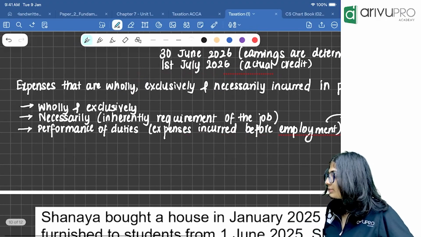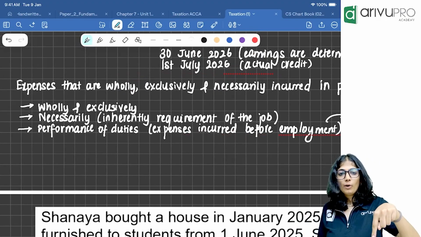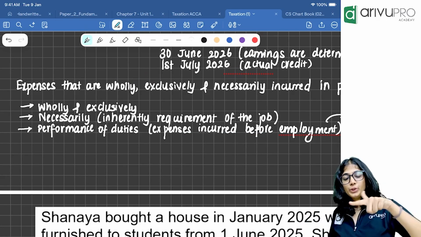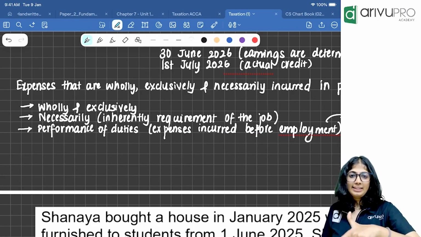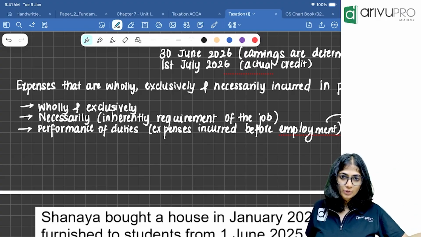In the performance of duties basically means that, hey, you got employed. In the performance of duties, you have to incur the expense. Anything you incur before the performance of duties.